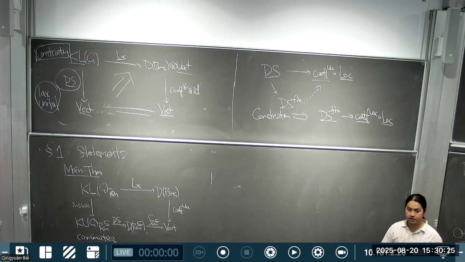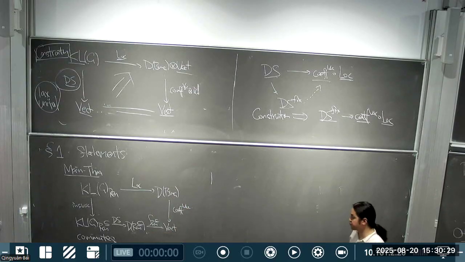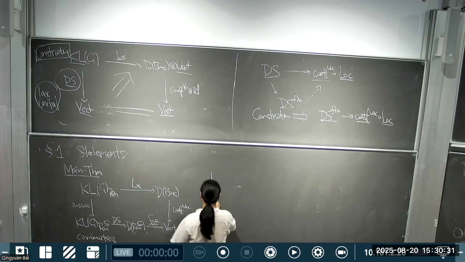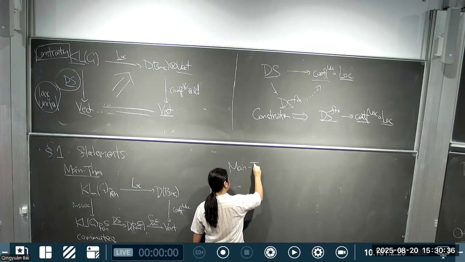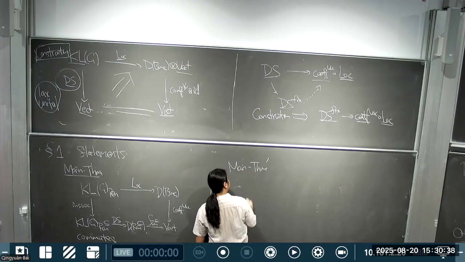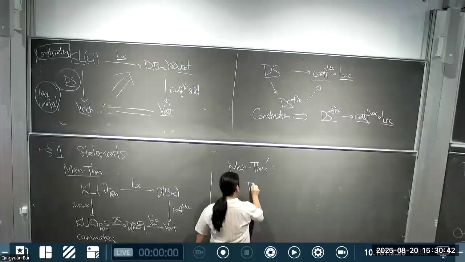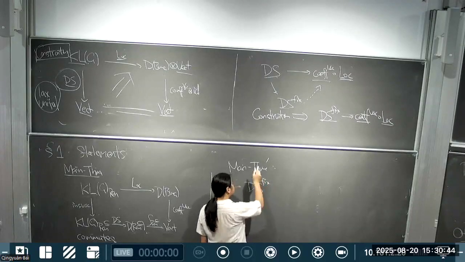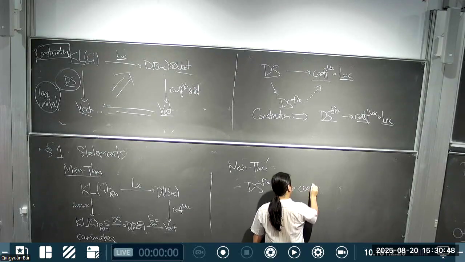Yes, so fixed means exactly vacuum and then integration. So this is main theorem one, which just says that the natural transformation you obtain from the construction is actually an equivalence.